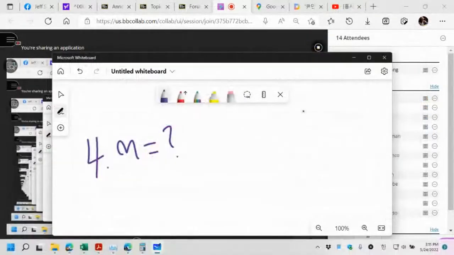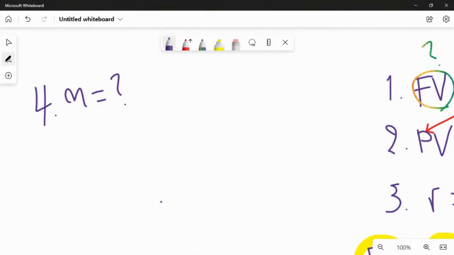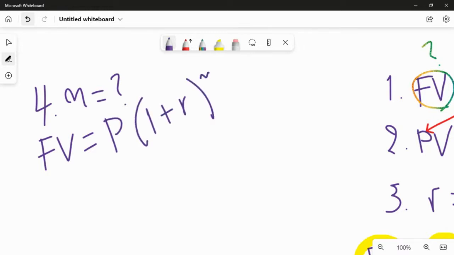So the problem is, starting from this base formula, we already know there is no way we can directly isolate this exponent, because the n goes with the exponent.